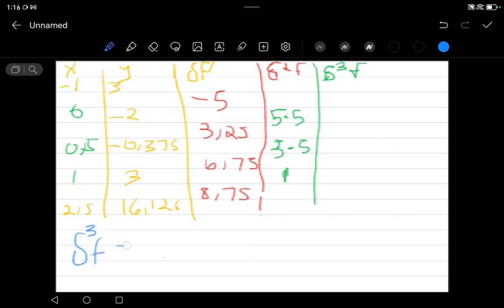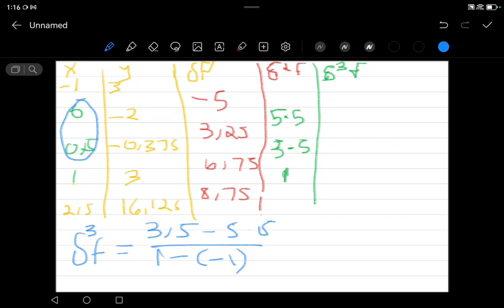So now going to the third one, it's going to be delta cube f. To calculate the cube one, it's going to be 3.5 minus 5.5, divided by, so for the third one we're going to skip 2 values of x, so we're going to skip these 2, so it's going to be 1 minus into minus 1.